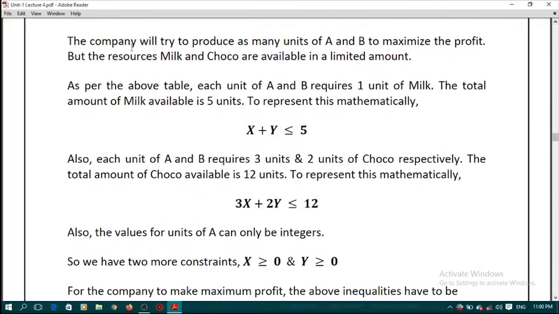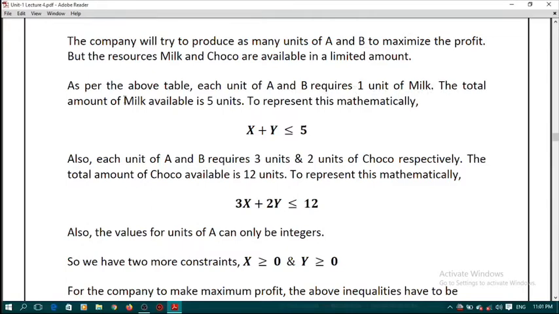Now the company will try to produce as many units of A and B as possible to maximize the profit, but the resources milk and choco are available in a limited amount. So those are the constraints. As per the above table, each unit of A and B requires 1 unit of milk.